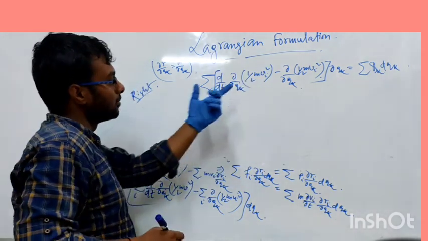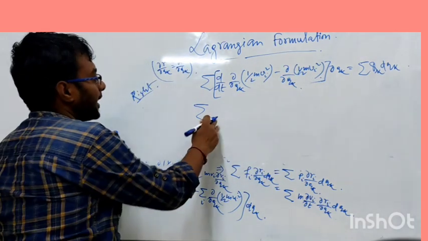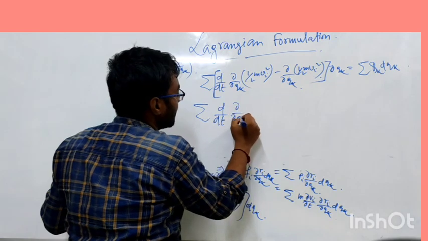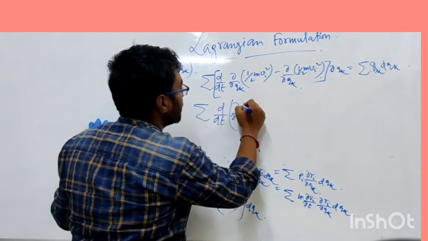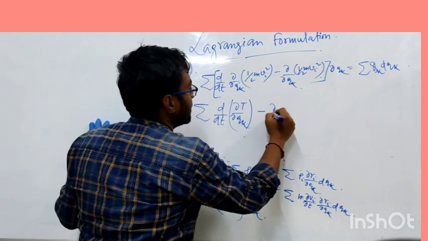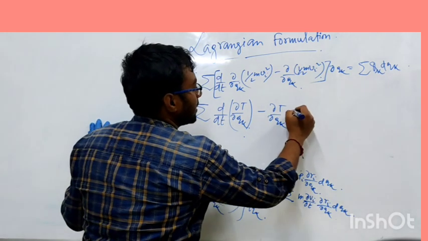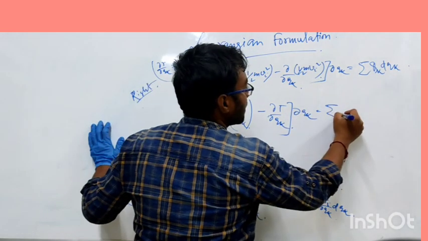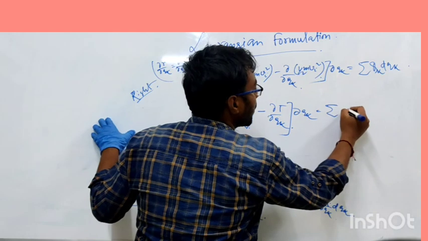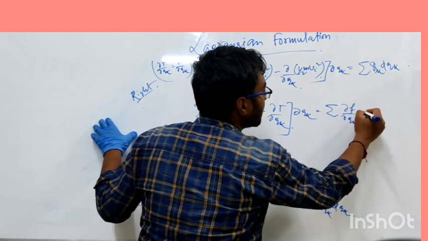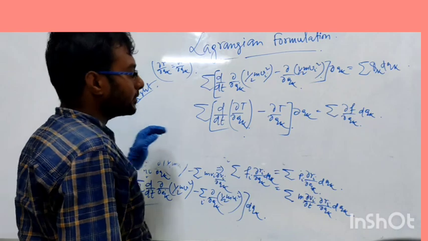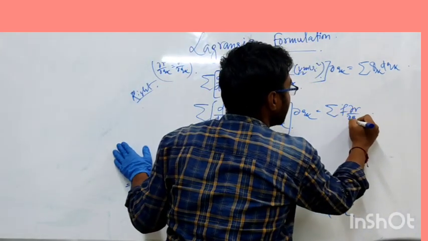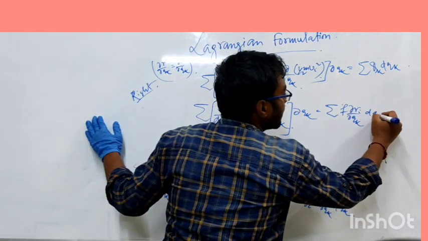We know that half m v square is the kinetic energy of the ith particle. So we can write d/dt of del T del qk dot minus del T del qk dqk equal to Fi del ri del qk dqk.